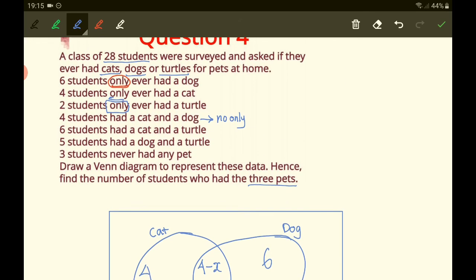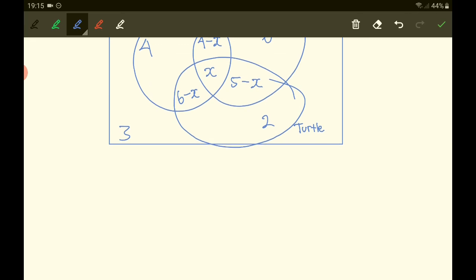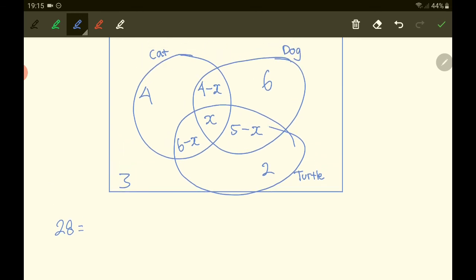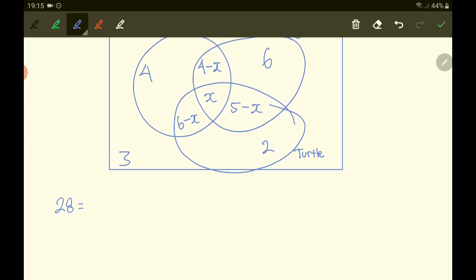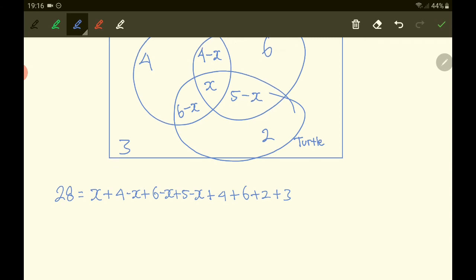Yeah, so 28 equal to, we can sum them all, so start from the middle, maybe x, and then plus 4 minus x plus 6 minus x plus 5 minus x, and then plus 4 plus 6 plus 2, and then the last one is plus 3. Okay, yeah, this one. So we add them all, the total must be 28.